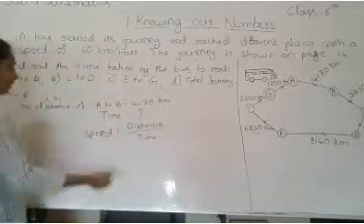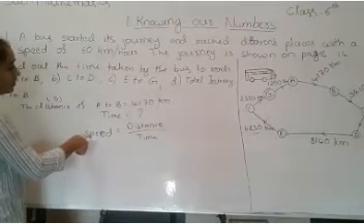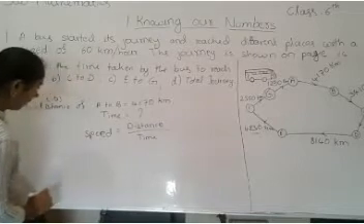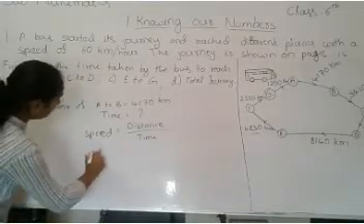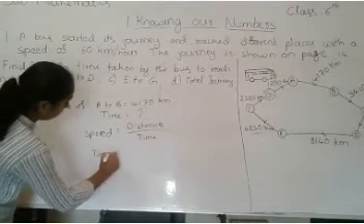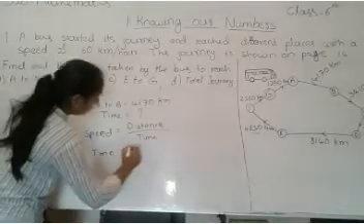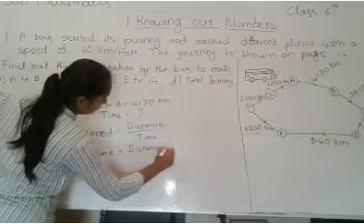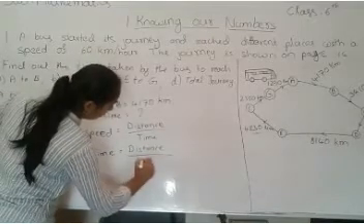We have the value of speed and the value of distance, but we don't have time, so we have to find the time value. That's why time equals distance divided by speed.